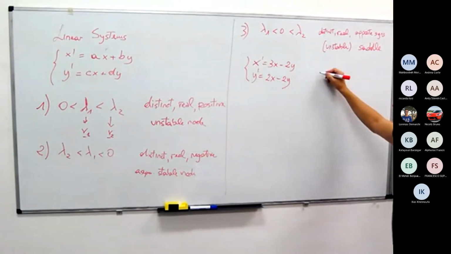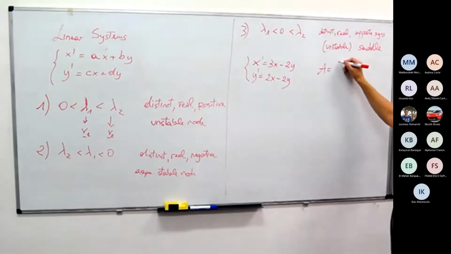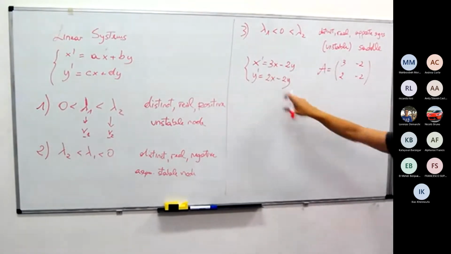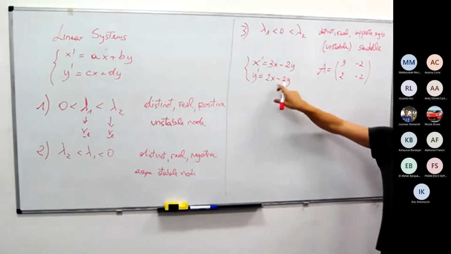So first thing, let me find the matrix which is associated to this linear system. So I will have 3, minus 2, 2, minus 2. Just the entries of the matrix are these coefficients which are here, here, here.